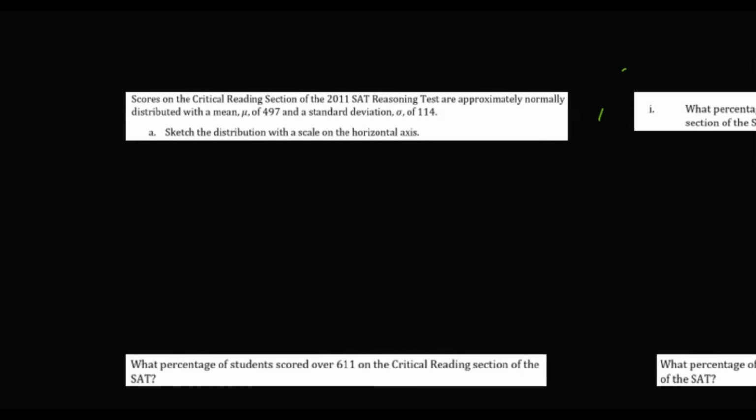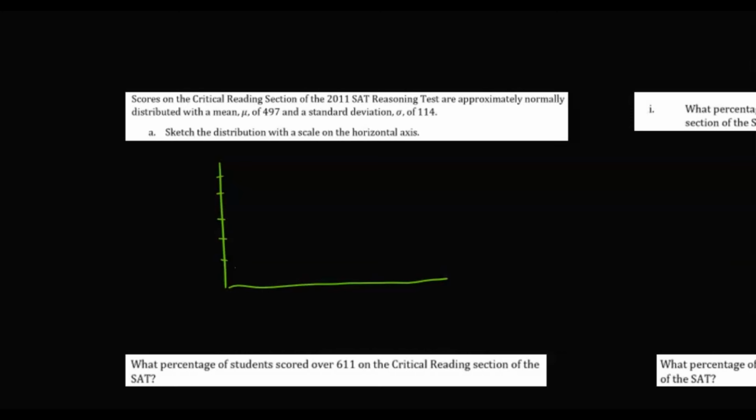Okay, so let's make our graph because it wants us to make a scale in that distribution. We don't have to label the y-axis, although it's probably helpful to, but we can't really tell based on the values. What we can do is label the x-axis with the standard deviation values.